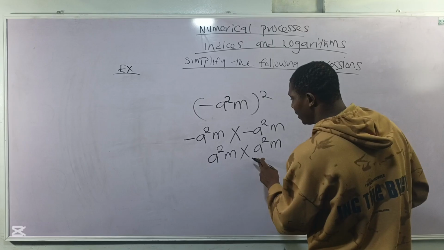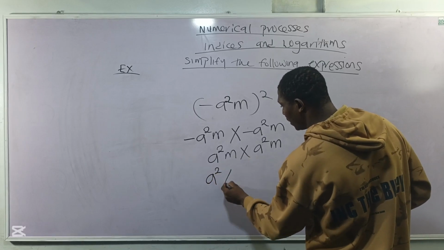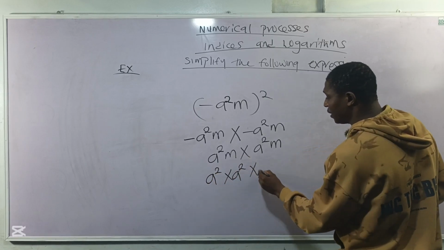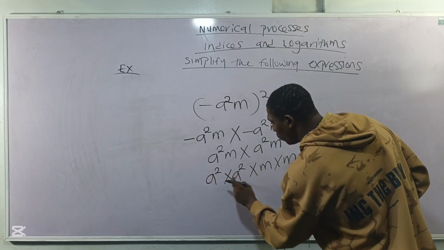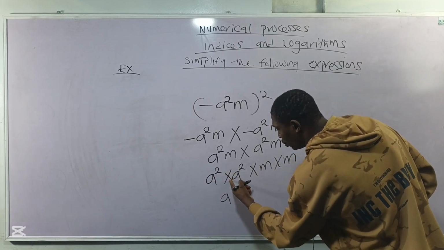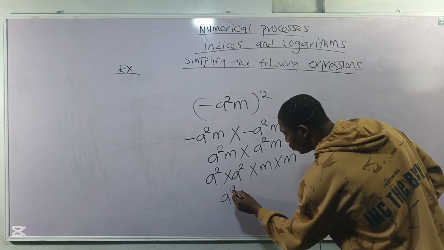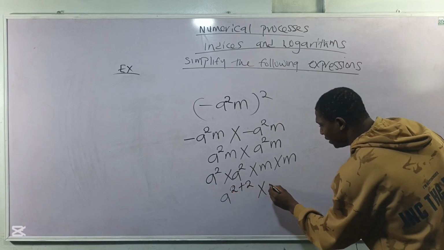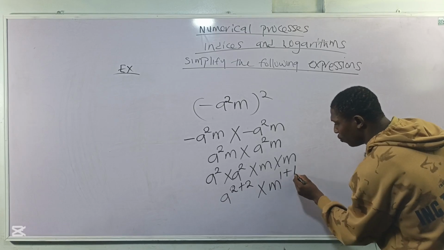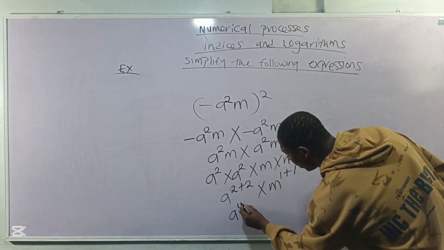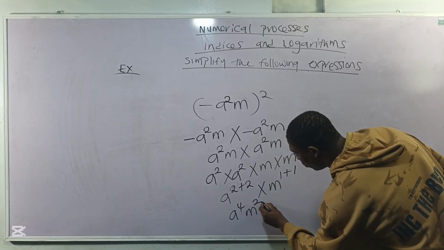This can be written as a square times a square times m times m. Pick one of the a. Multiplication is what? Addition. So I have 2 plus 2 times m, invisible 1 plus invisible what? 1, giving me a raised to the power 4, m raised to the power what?